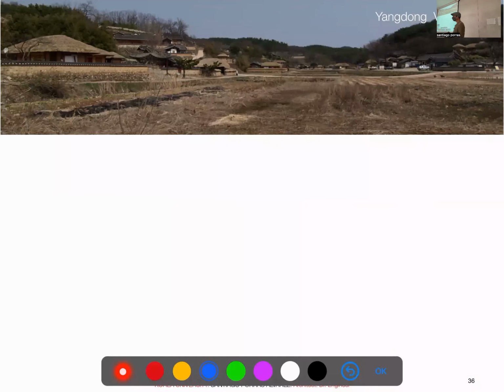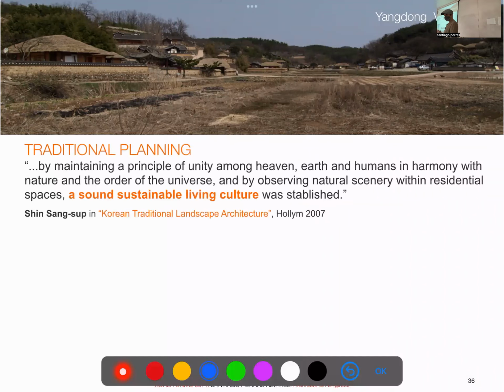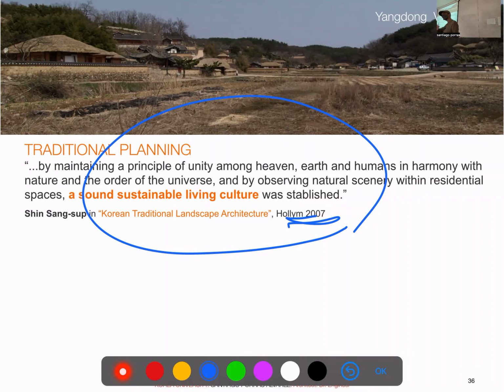If you see the photo of Yangdong village, which is one of the few remaining traditional villages, I just take a quotation of a recent book in which scholars agree that beyond that kind of ancestral culture, there is actually a real sustainable living, right?